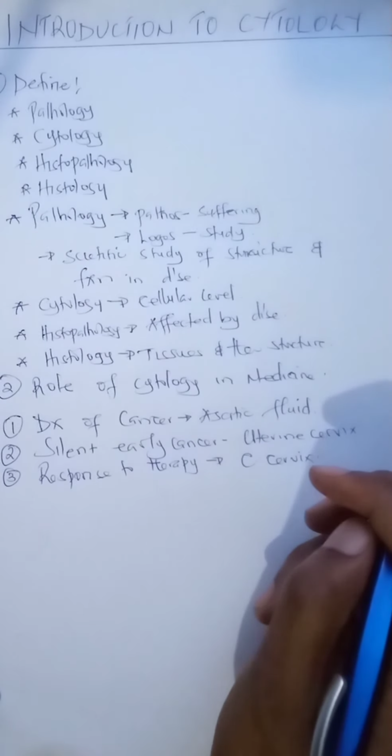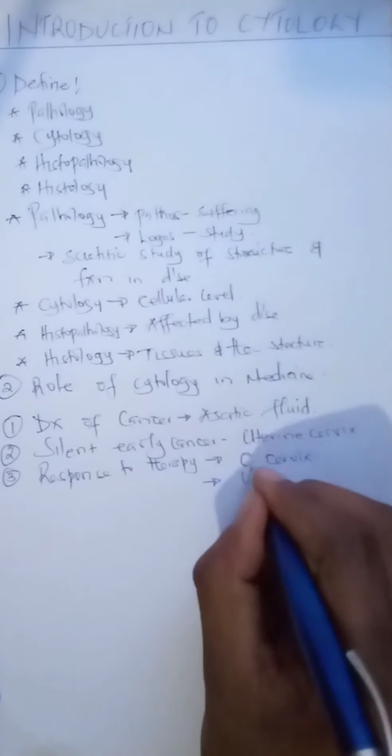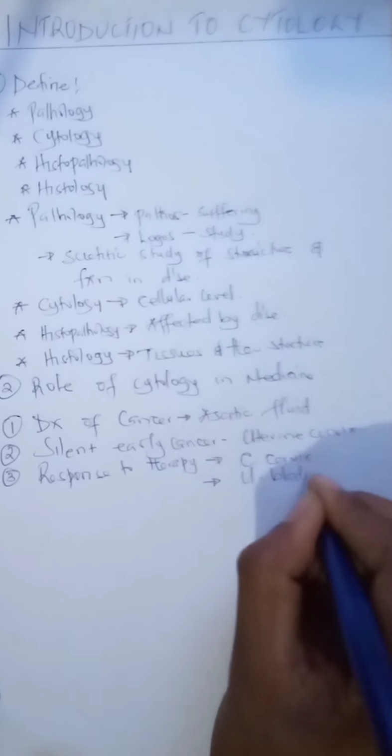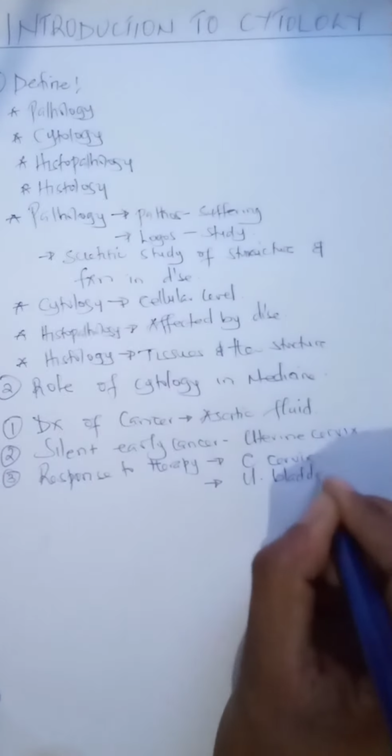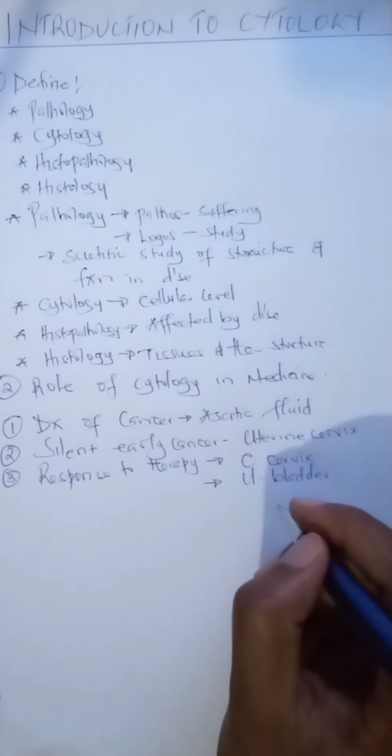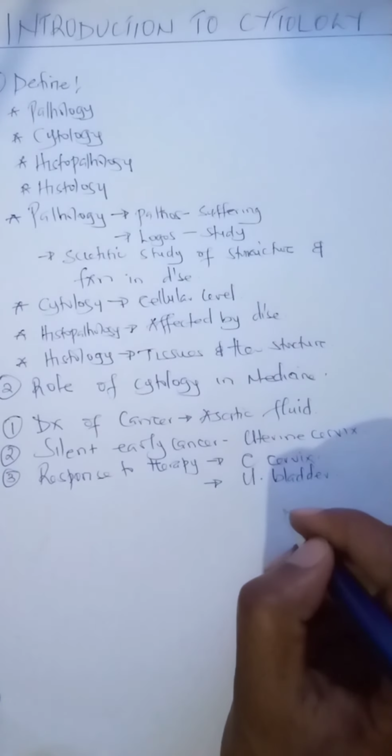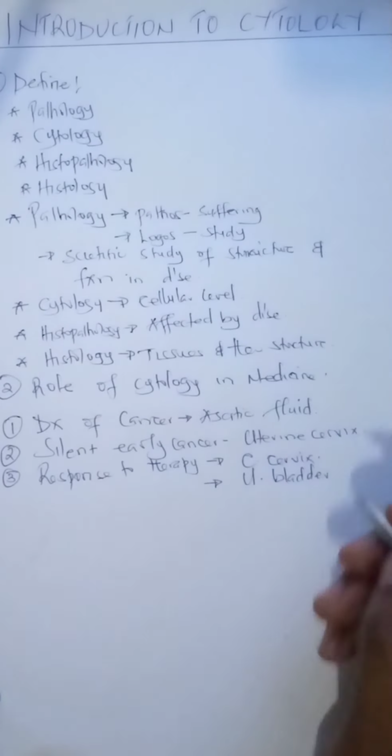The second example can be use of urinary cytology for response to chemotherapy in cases of carcinoma of the urinary bladder. So in this case, still a sample will be taken cytologically. That's why we are talking about urinary cytology. Then it is examined to check whether the patient is responding to chemotherapy in case of carcinoma of the urinary bladder.